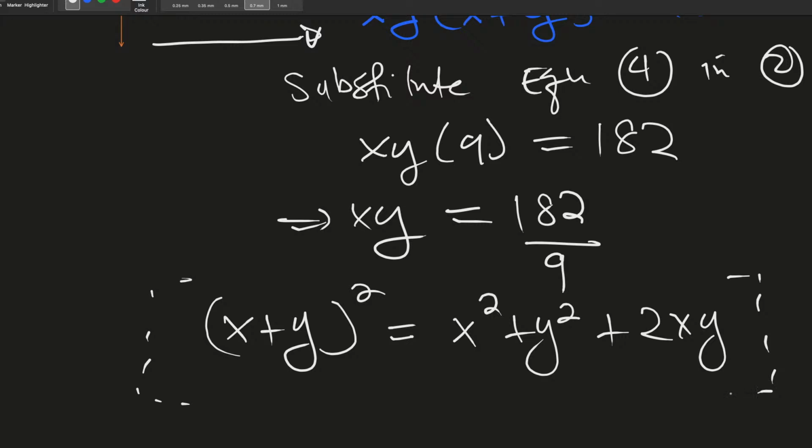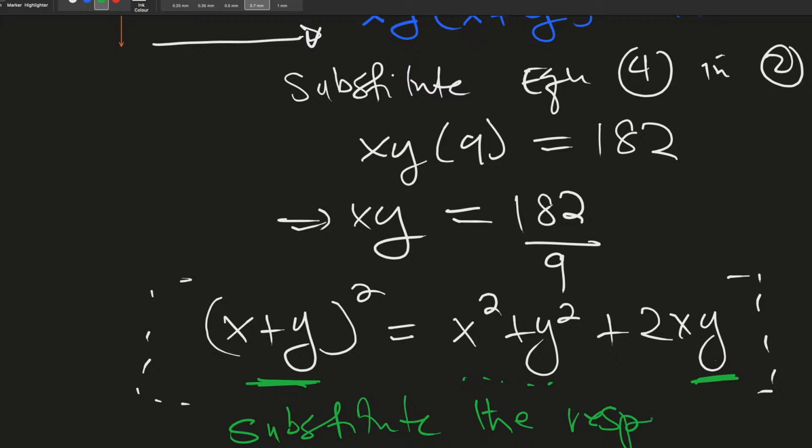Why? Because when we underline this, we see that we are looking for x squared plus y squared. We don't know this, but we know xy, and we know x plus y here. So all we are going to do is substitute the respective values.